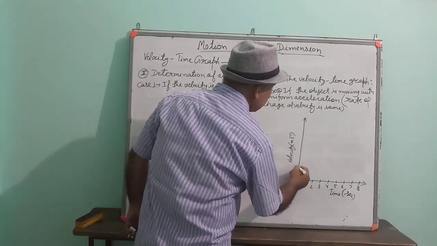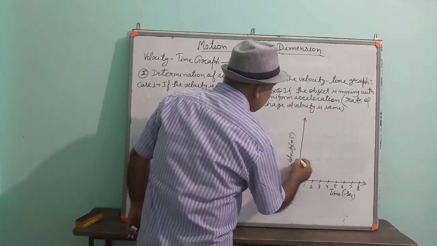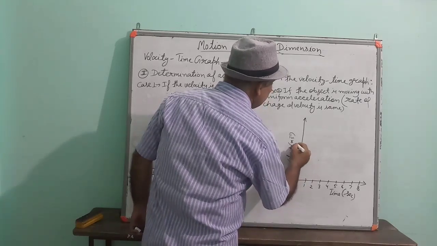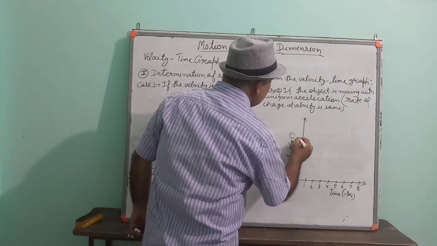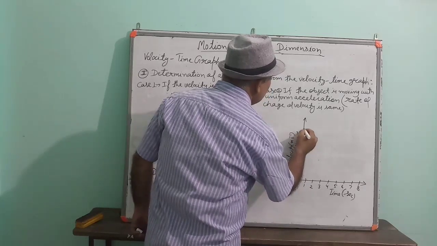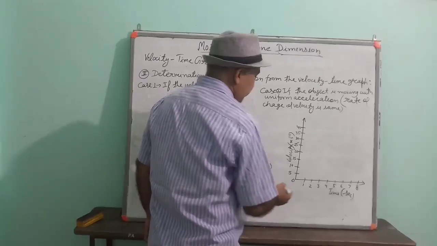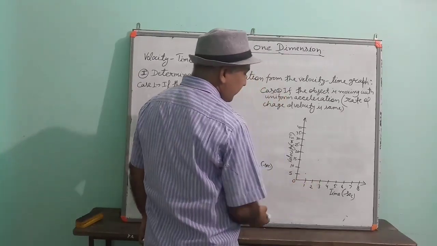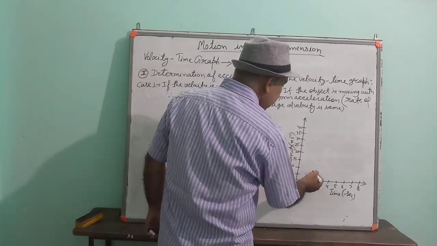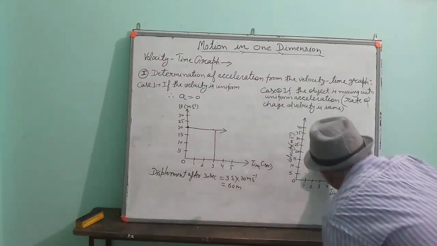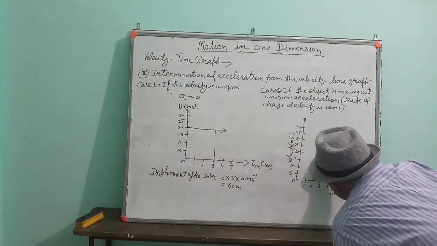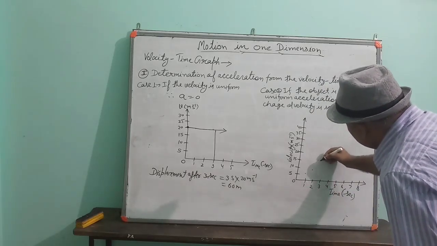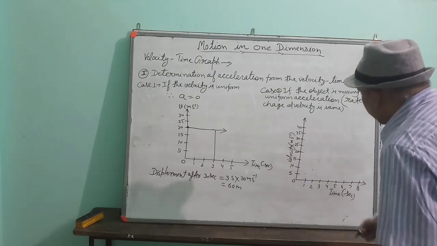This is 5 meter per second, 10 meter per second, 15, 20, 25, 30, 35 and 40. In 1 second, velocity is changing by 5 meter per second. Then in 2 seconds, it will be 10 meter per second. In 3, it will be 15.